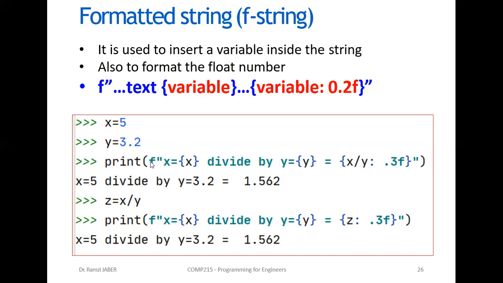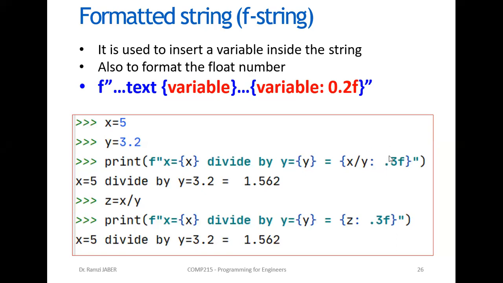Inside your text, you can put your variables between braces. So x equal x, divided by y equal the value of y, equal, and if I want, x divided by y, we can put the formatting of the float number.